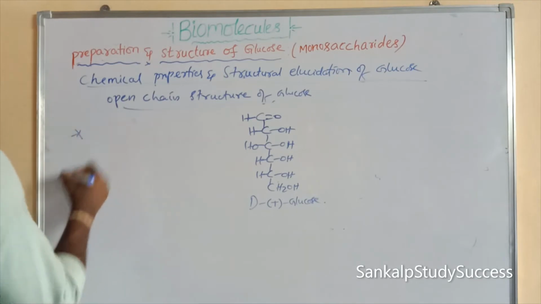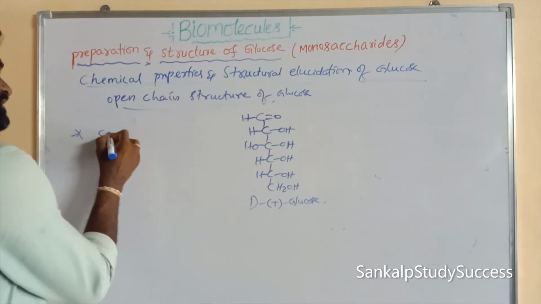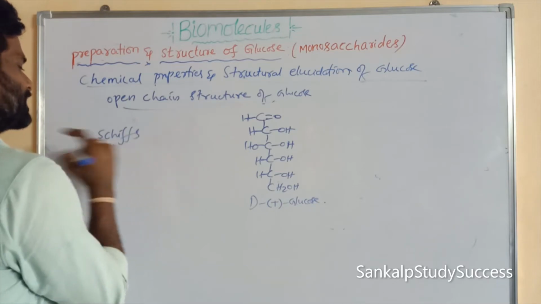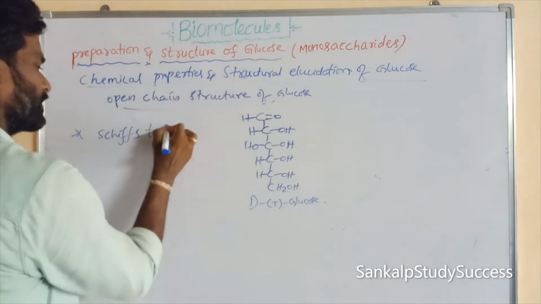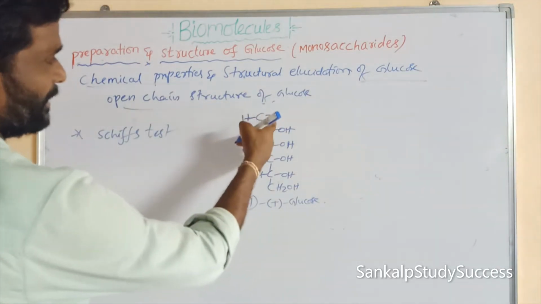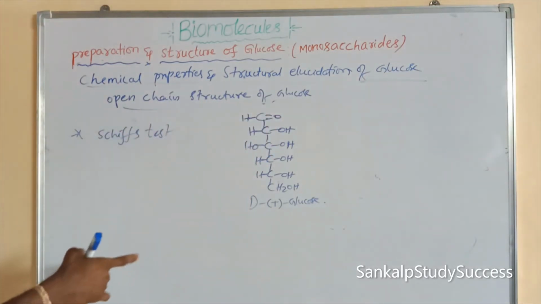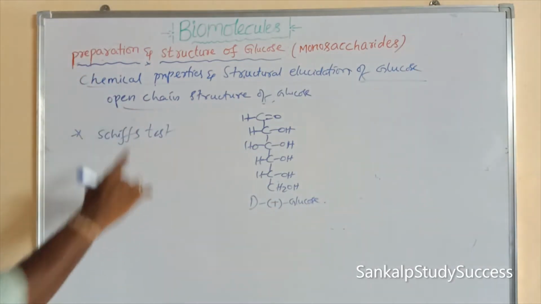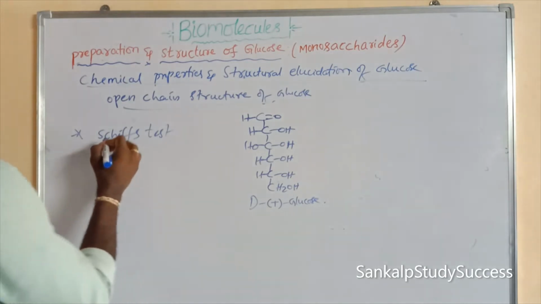What are they? It does not give Schiff's test. If it contained a free aldehyde group, it must give Schiff's test, but the open chain structure of glucose does not give Schiff's test.